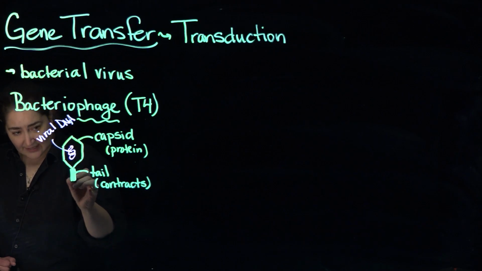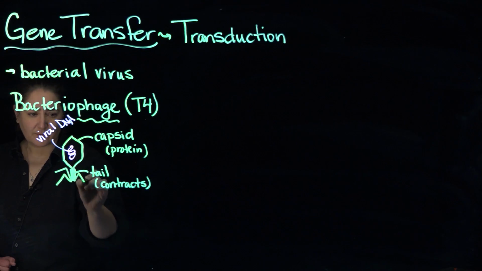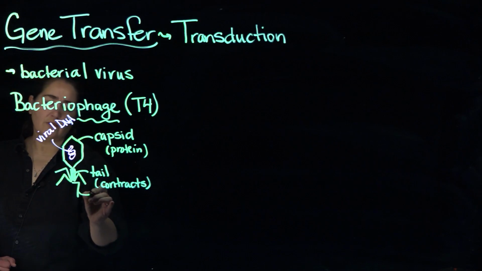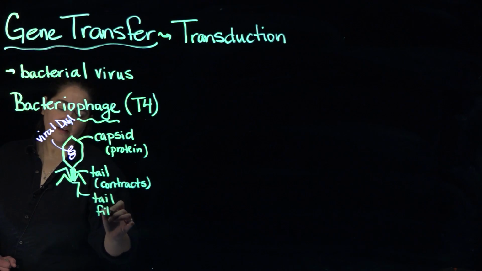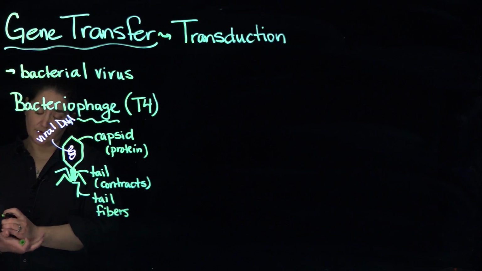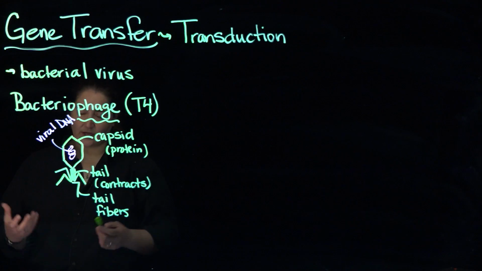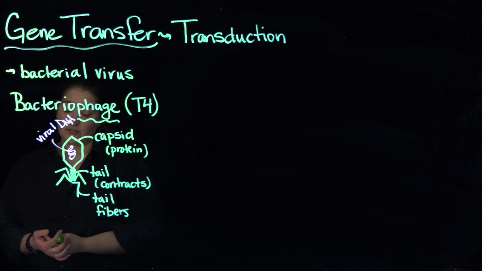And I think bacteriophages look like something that landed on the moon, because you've got the tail fibers. The tail fibers sit down on the bacteria and make contact with it in order to inject that DNA into the bacteria itself.